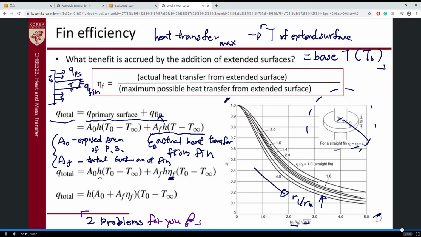And finally, we also defined the fin efficiency, right? All the solutions of the T distribution and Q value were slightly challenging in terms of the differential equation.